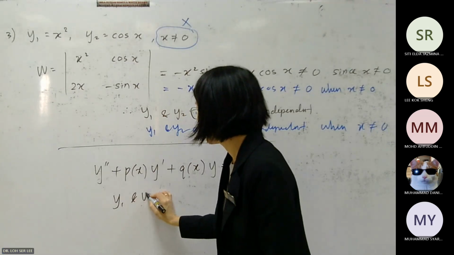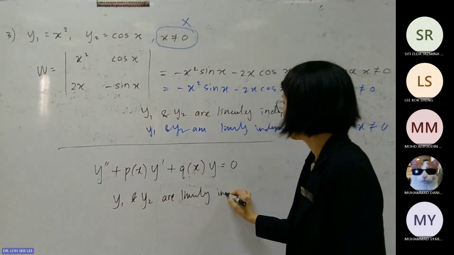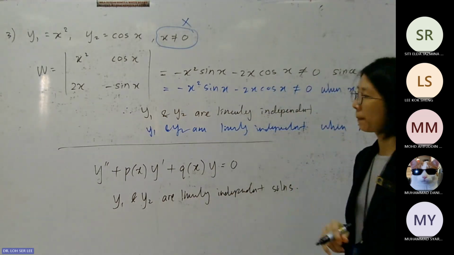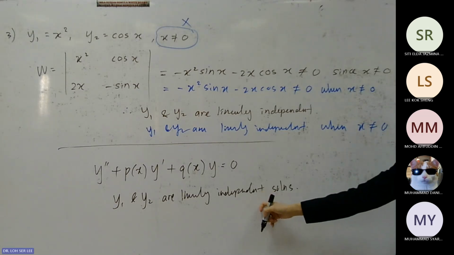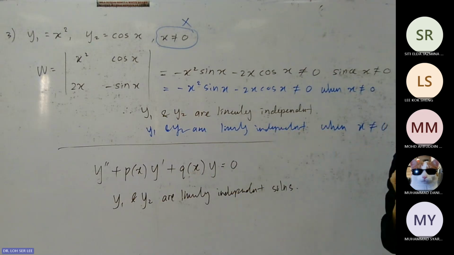y1, y2 are linearly independent solutions. Next one, we look at this. This is a second order homogeneous differential equation.